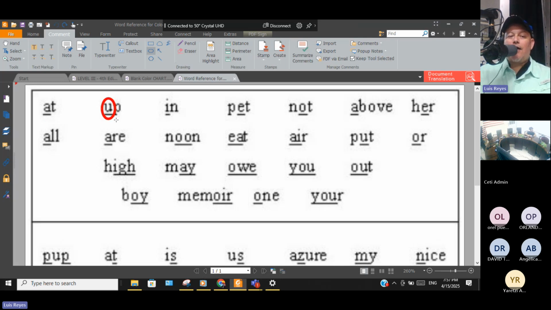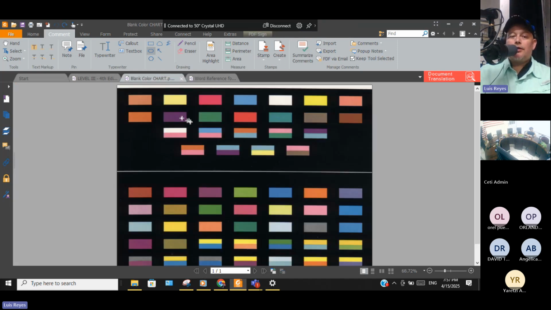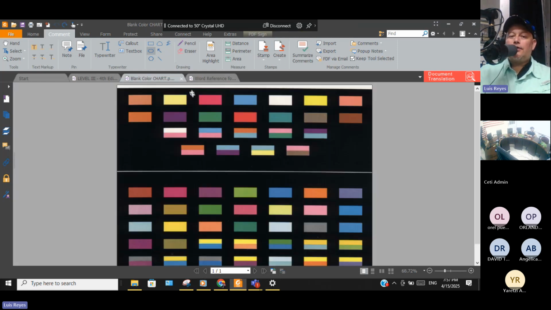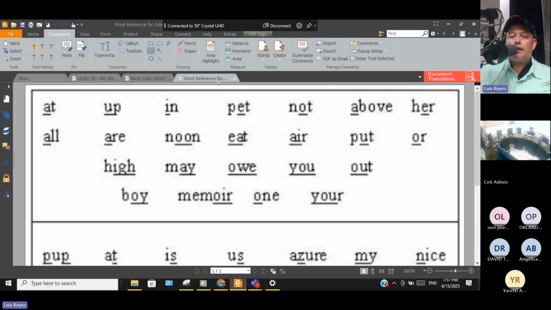The sound is uh. The spelling is U-P, and the location on the color chart. In is the word. The sound is ih. The spelling, I-N. The location on the color chart.